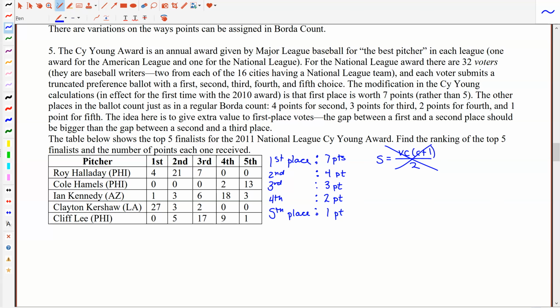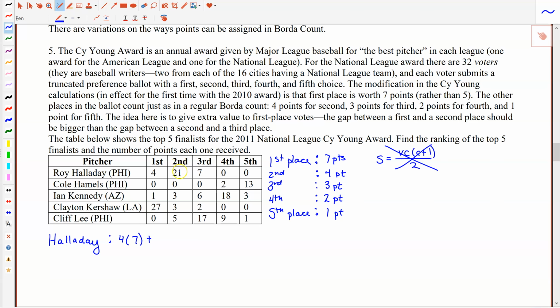So let's go ahead and actually figure out then what the Borda counts are for each of these different pitchers. Alright, so for Halladay, we've got 4 people right here that gave him first place. So remember, every first place vote is worth 7 points. 21 people gave him second place.